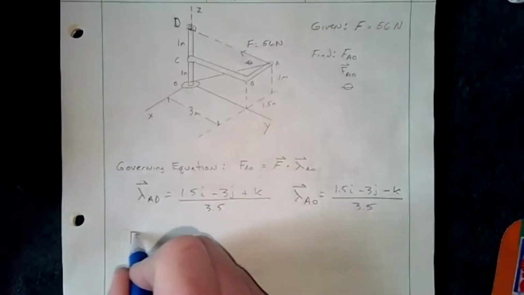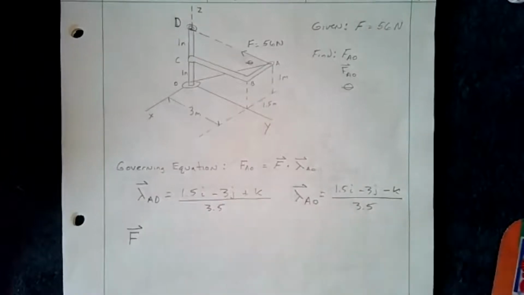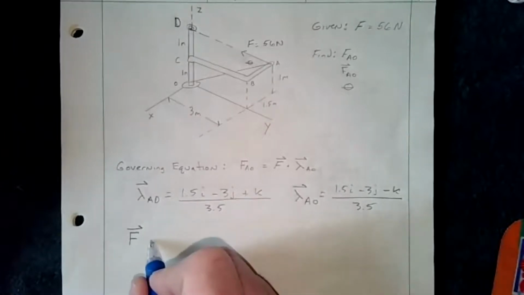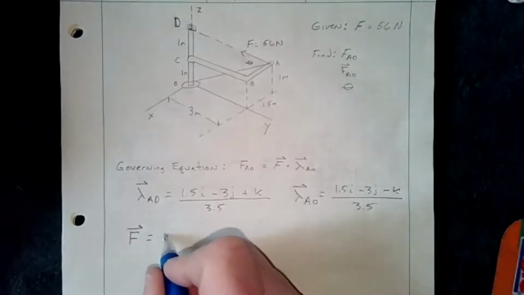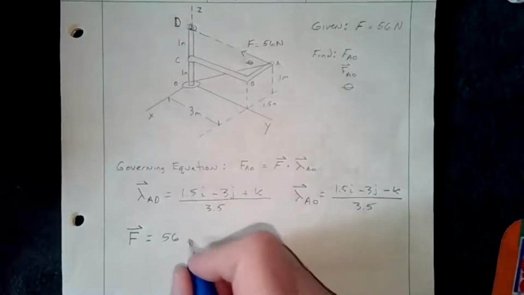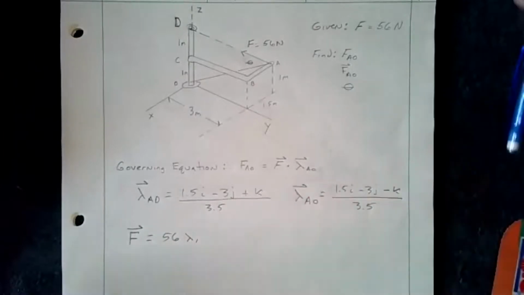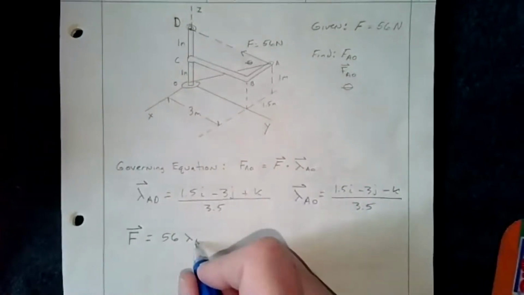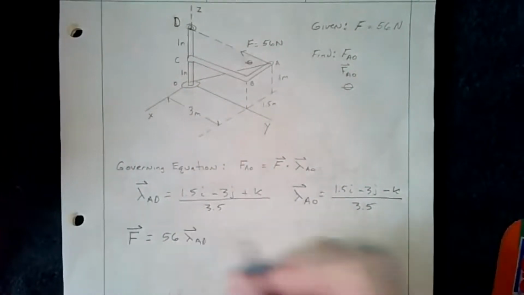So the force F as a vector is just going to be 56 times this unit vector, lambda AD.